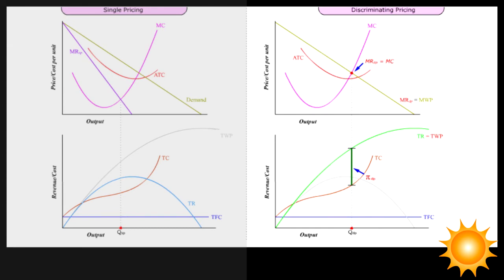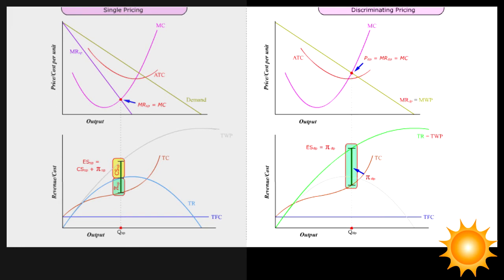Under discriminating pricing, economic profit is measured by TWP minus TC at any given output level. For example, at maximum profit output Q_DP, where MR is equal to MC, economic profit is equal to Pi_DP. But TWP minus TC also measures the economic surplus.